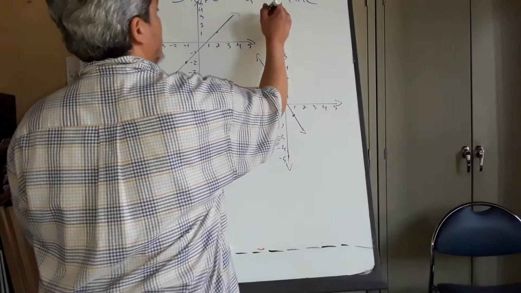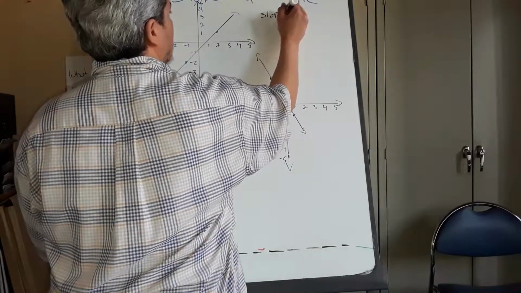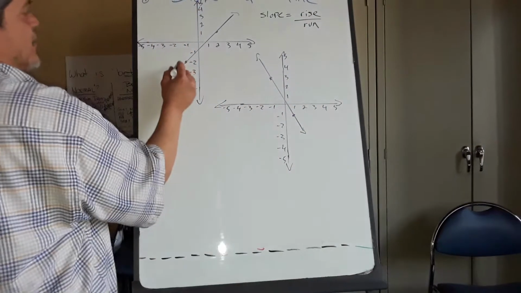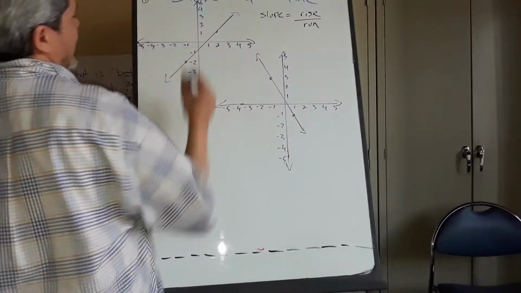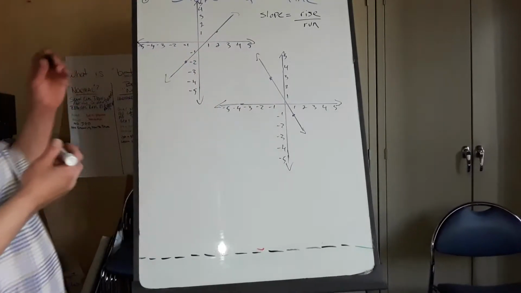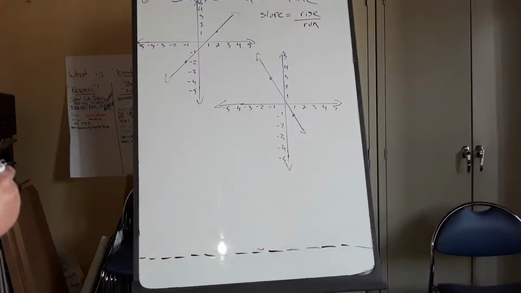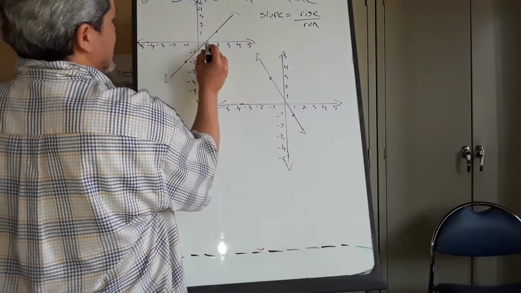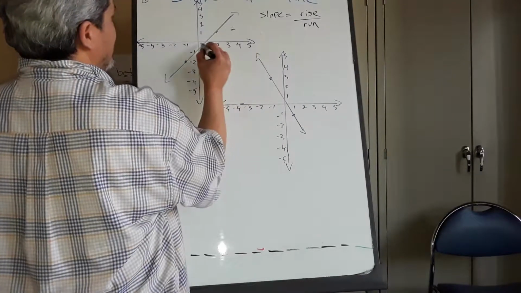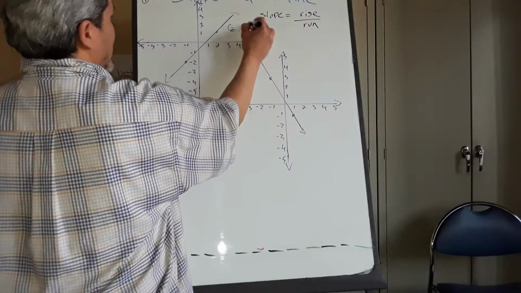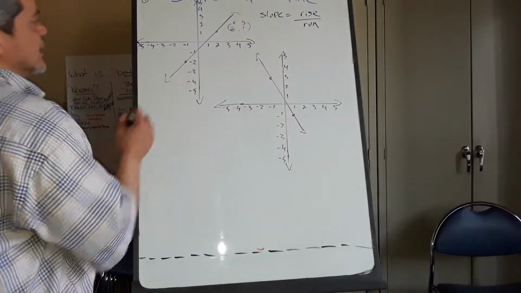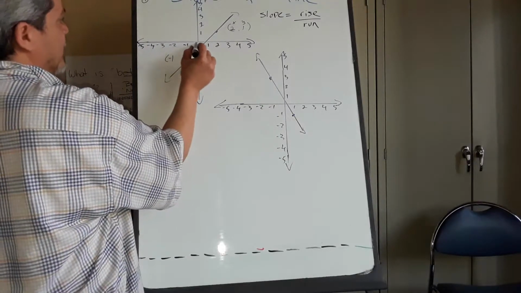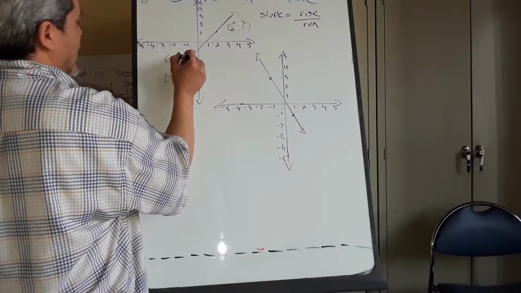We know that the slope is rise over run, and it doesn't matter which way you go, you're always going to get the same slope. So let's figure out what this point is. This is 2 on the x-axis and +1 on the y. And this one here is -1 on the x and -2 on the y-axis.